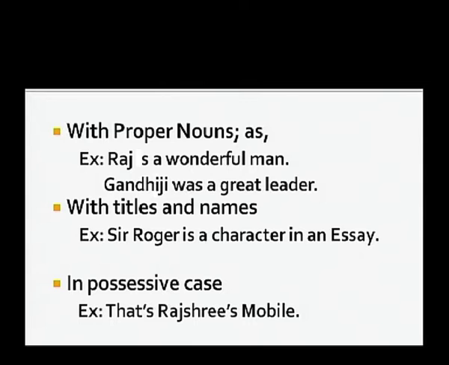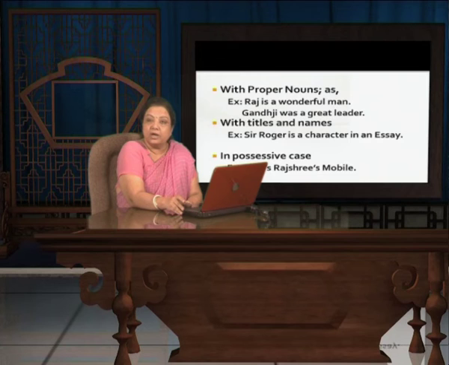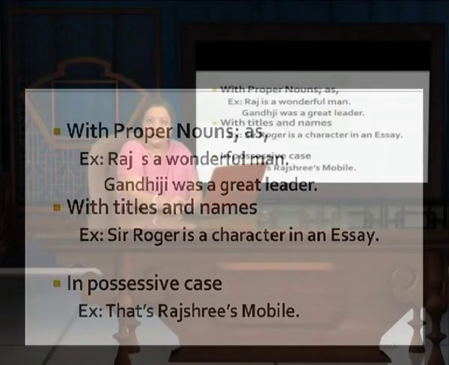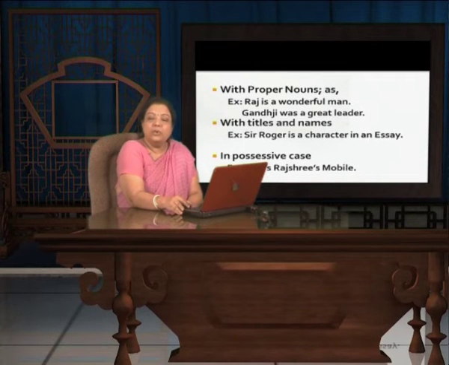With titles and names also, suppose I say Sir Roger is a character in an essay. We don't say the Sir Roger or a Sir Roger is a character in an essay. In possessive case, we never use any article. That's Rajshree's mobile, that's Raju's car, anything like that, we never use an article before the name.